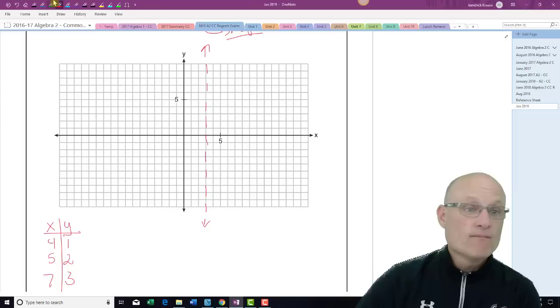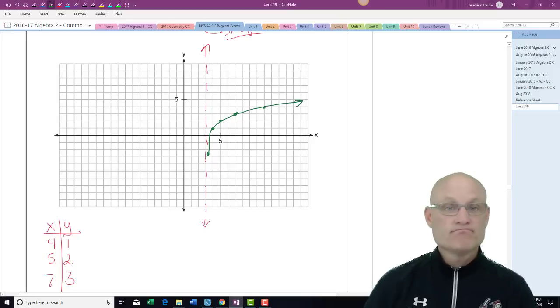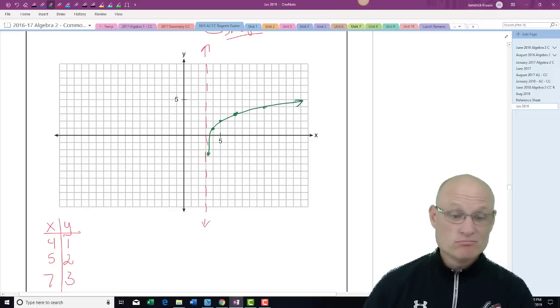So here we go. 4, 1, 5, 2, 6, 7, 3, 8, 9, 10, 11, 4. So come down. Don't touch that asymptote. And graph to the right. That's it. That's all she wrote.